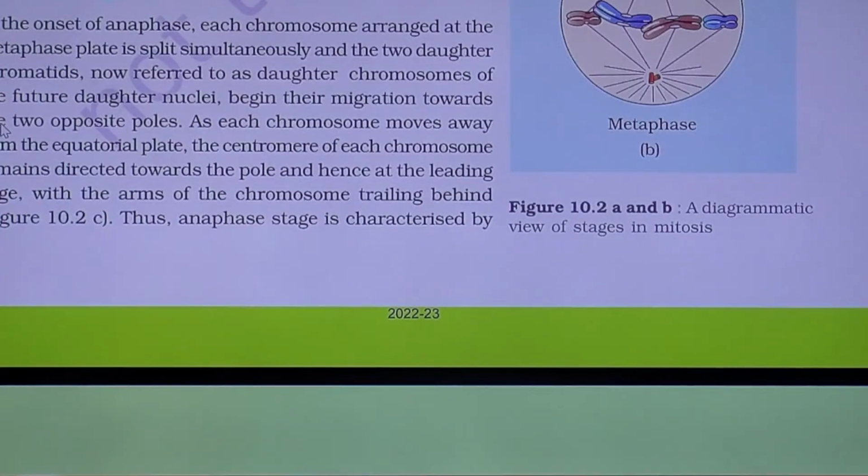At the start of anaphase, each chromosome is arranged as in metaphase.